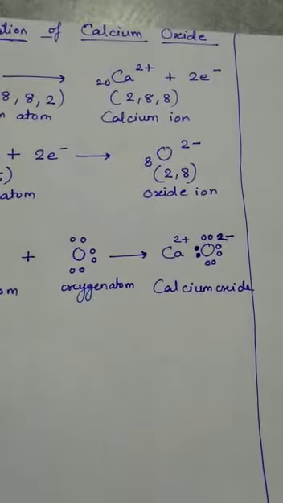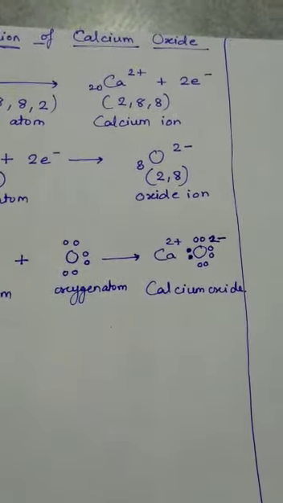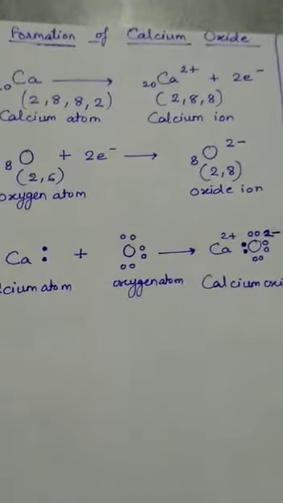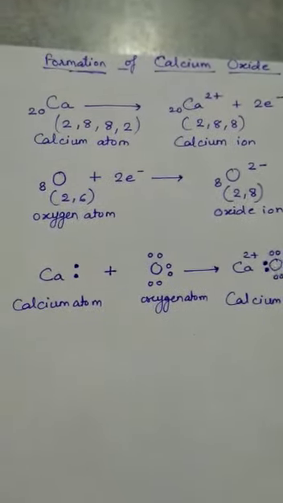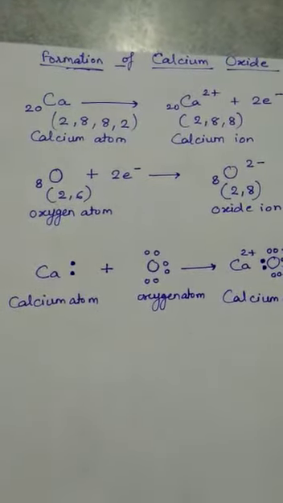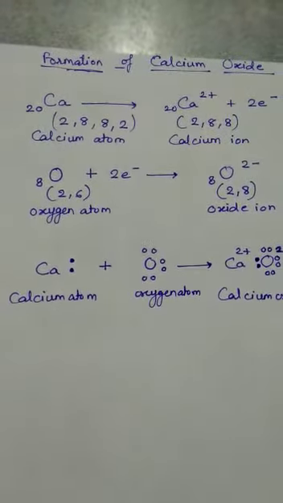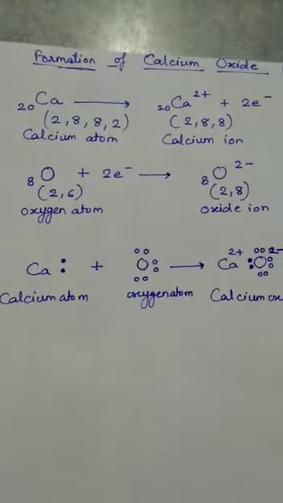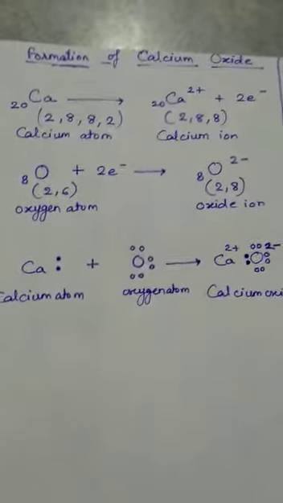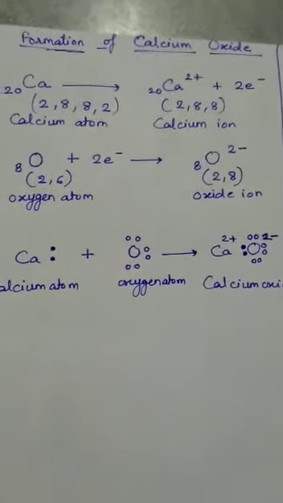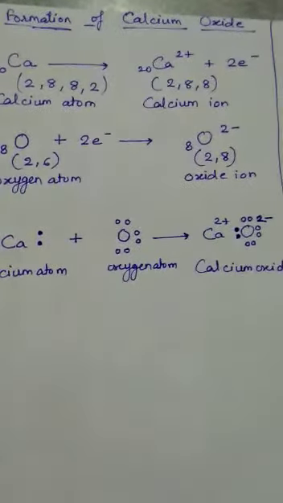Now calcium oxide again is an ionic compound because it is formed by the formation of ions, and the ions are oppositely charged, so they get attracted towards each other by electrostatic force of attraction. So an electrovalent bond is formed between calcium and oxide ion with the result formation of calcium oxide molecule.